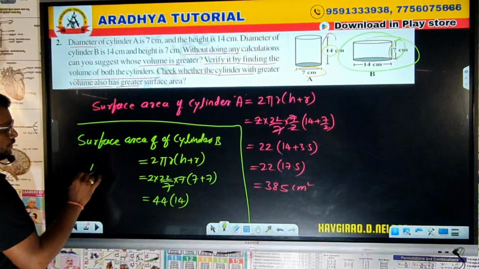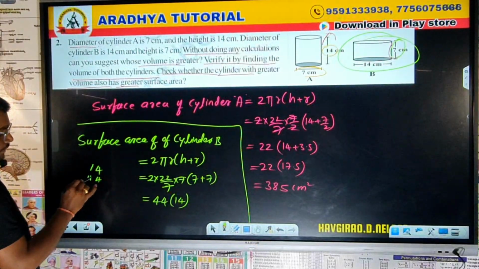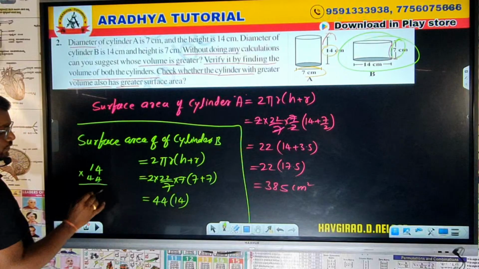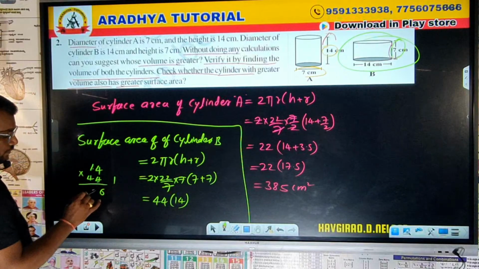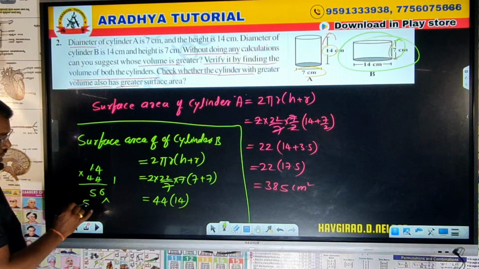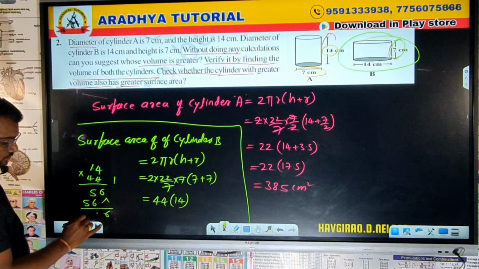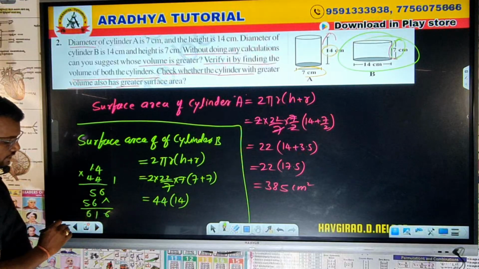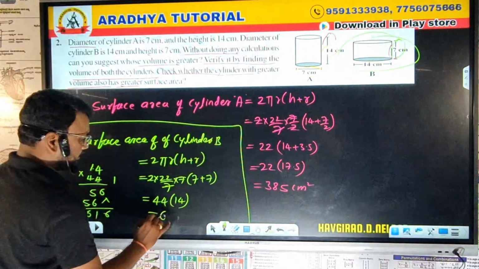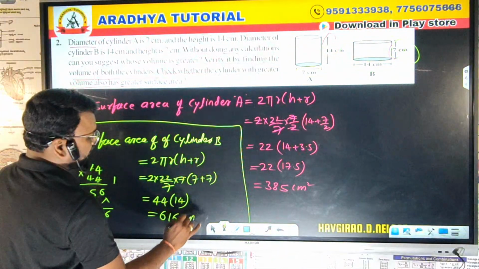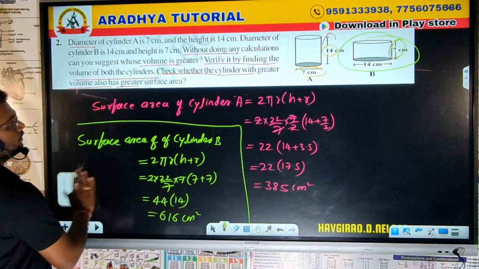Multiply 14 into 44. 4 4s are 16, carry 1, 4 1s are 4, 5, 56, 616 centimeter square.